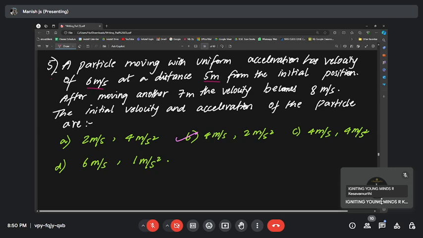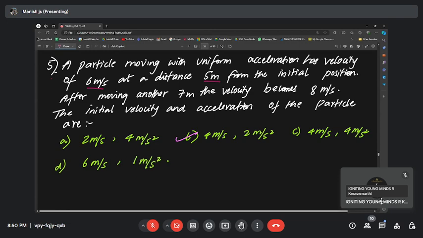In this aspect, if you're going to substitute the values, you can use equations of motion. So you can say v square minus u square is equal to 2as. I'm using this third equation of motion because nowhere do we have the information about time. Time is not specified anywhere in the question.